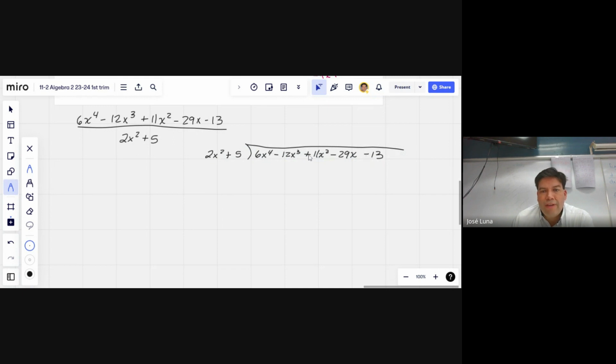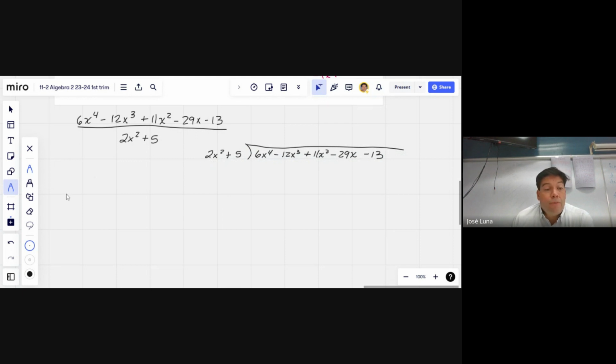Okay, I noticed that we have all the terms: degree 4, degree 3, degree 2, degree 1, and the constant term, or x to the 0 power. So I don't have to put any zeros there. They're all there, the terms.